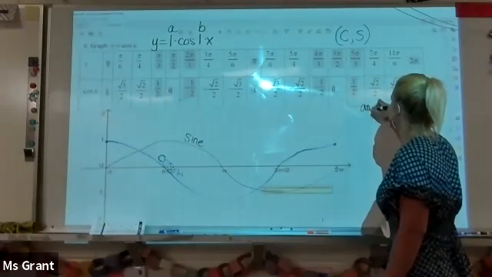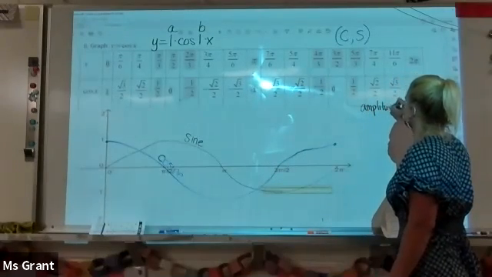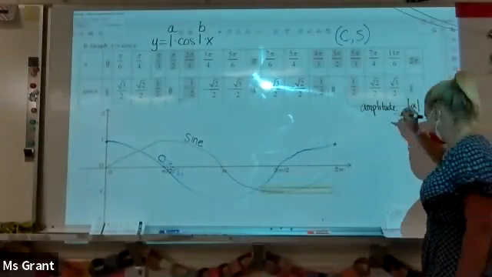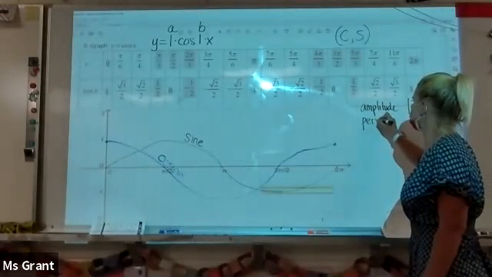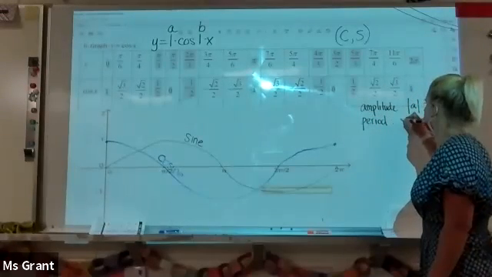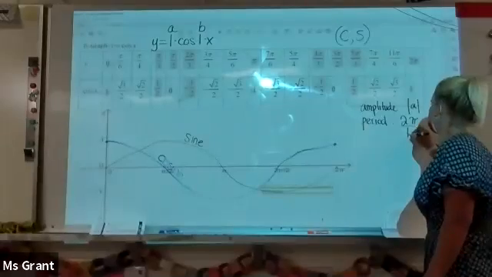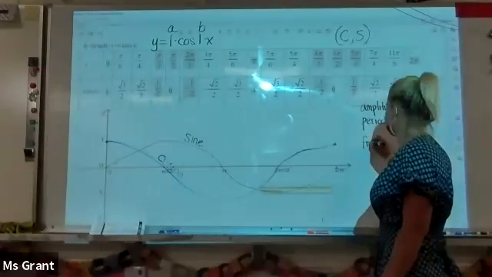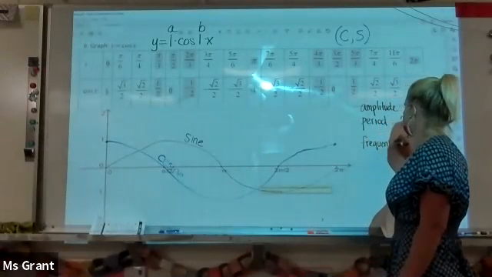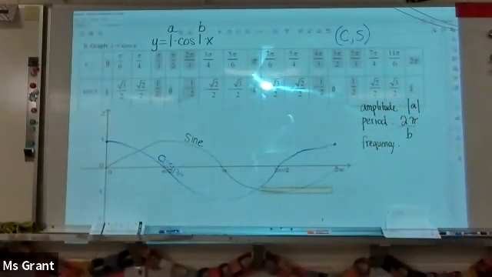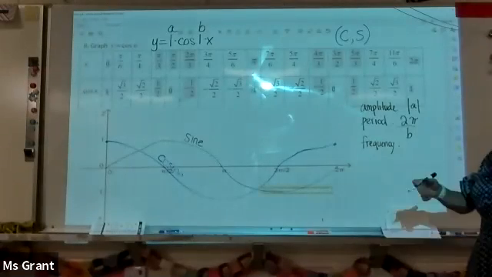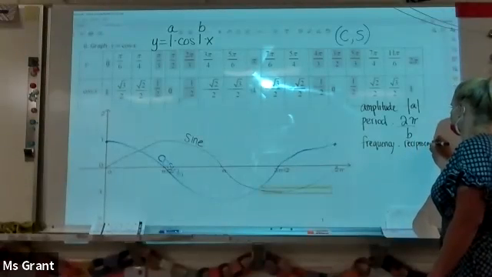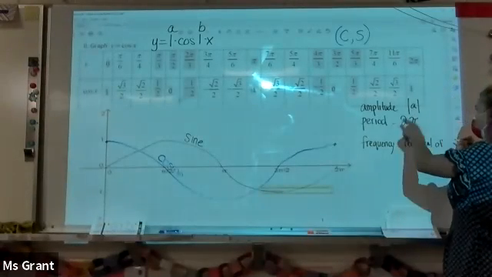My amplitude is the absolute value of A. My period is 2 pi over B. My frequency is the reciprocal of my period.